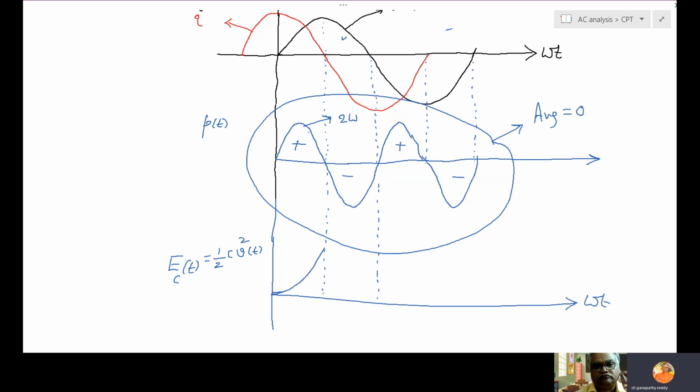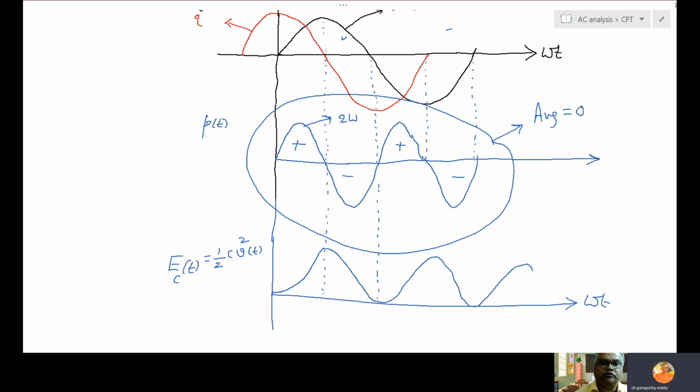Then V square, it will vary like a sinusoidal.